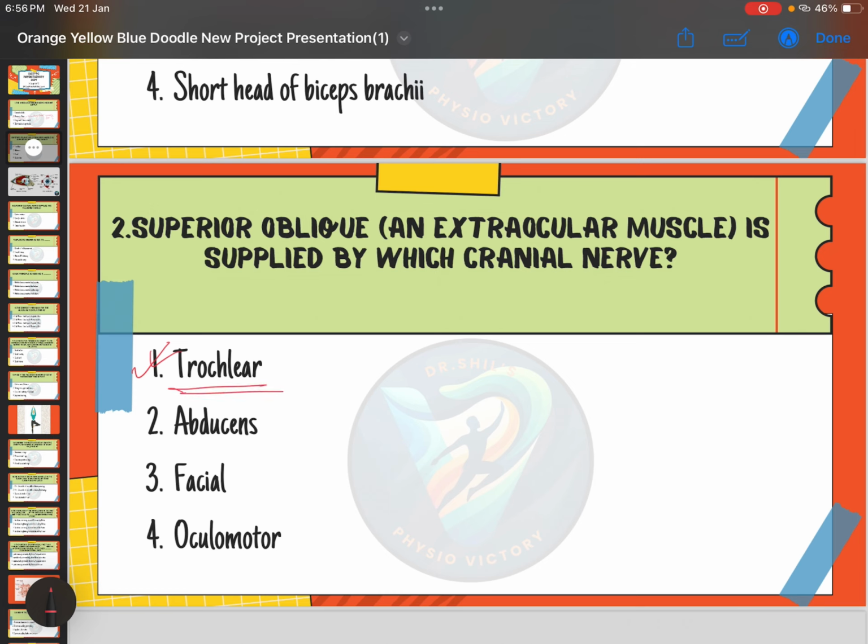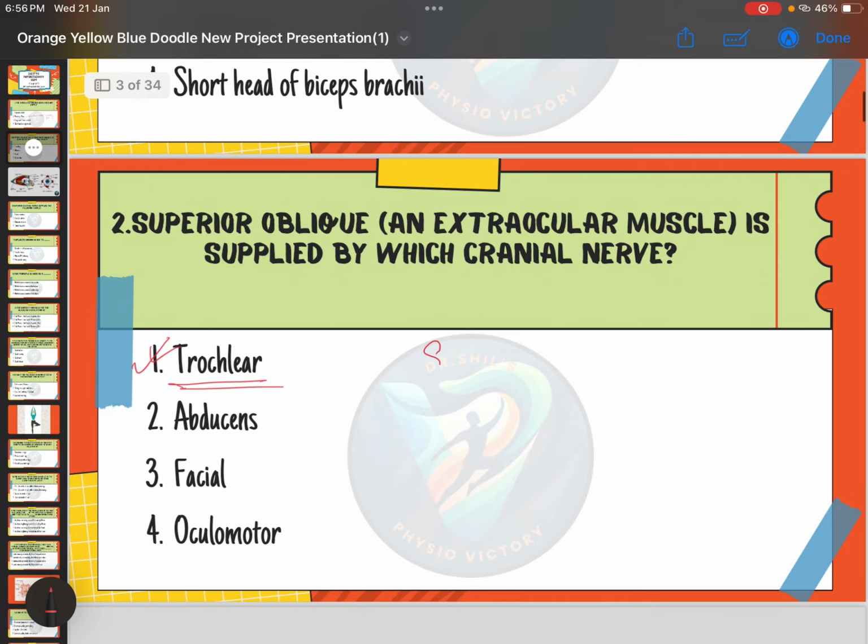Trochlear basically supplies the superior oblique muscle. One thing you should remember: SO4, LR6 and AO3.